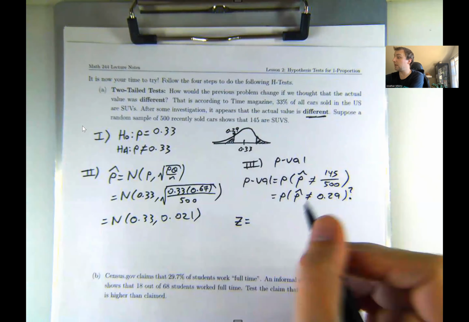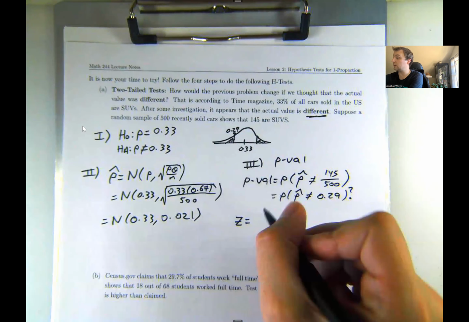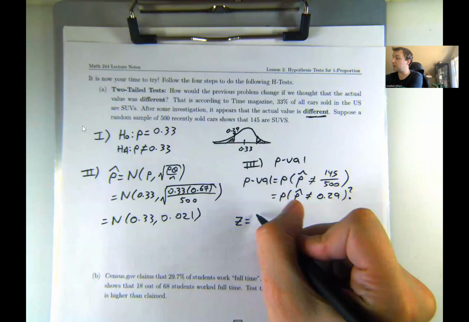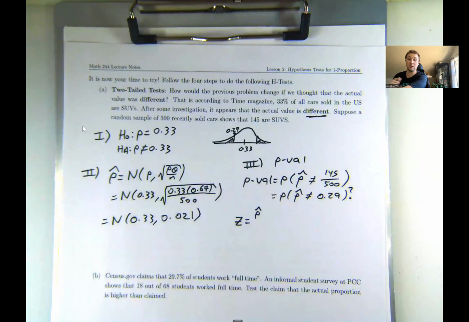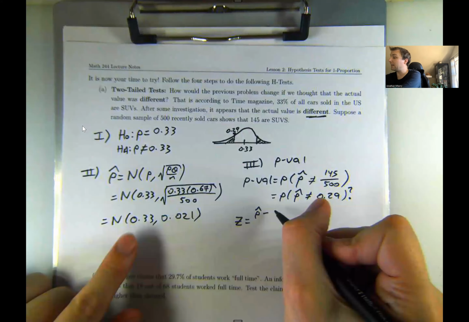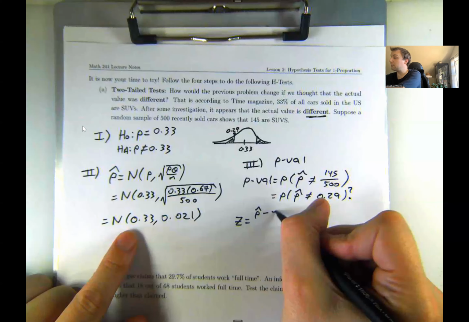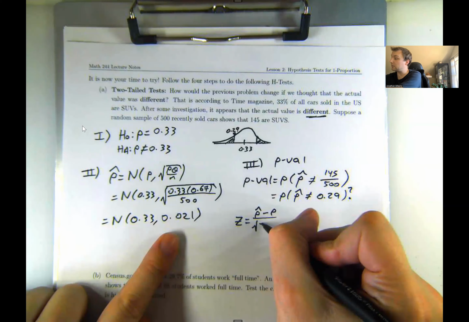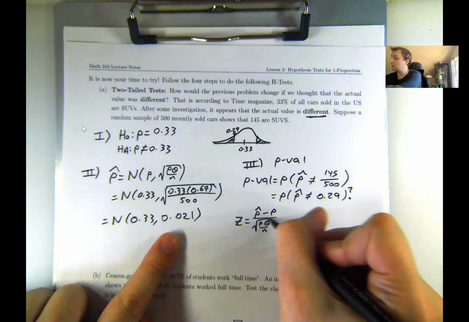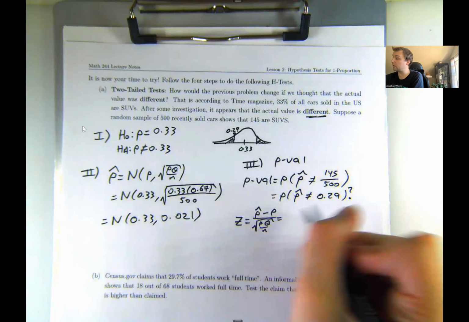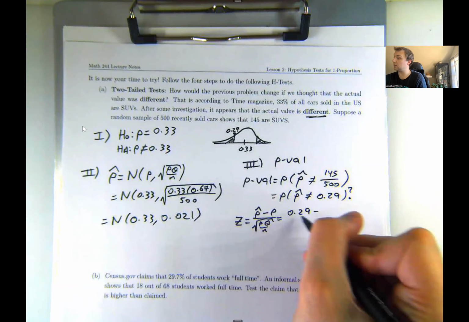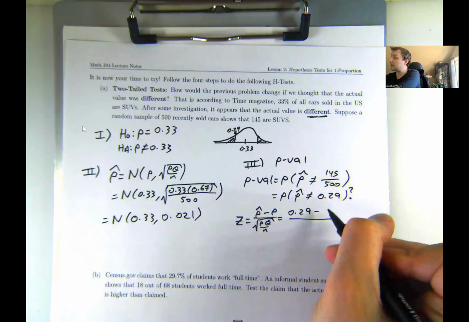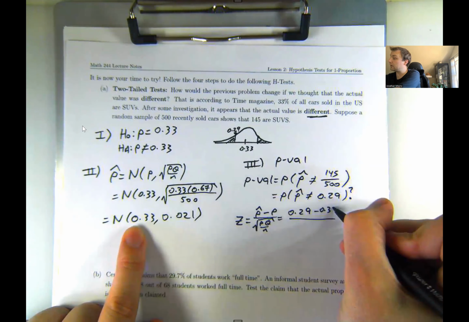So for z, I'm going to take my value of interest. My value is always going to be coming from my sample data. I'm going to subtract the center of my model, and I'm going to divide by the standard deviation. My sample success rate was 29%. The center of my model was 33.